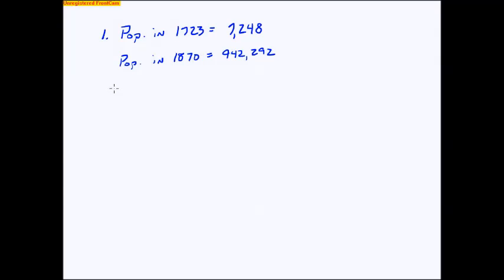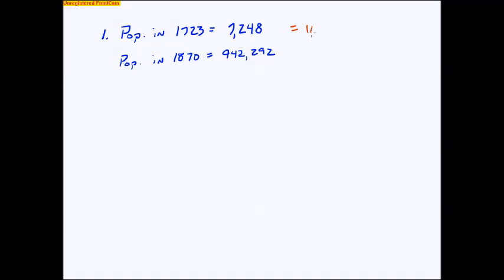All right, so let's take a look at the first one. They give you the population of New York City in 1723 was approximately 7,248 people. If we think about that in powers of 10, we could do what we were doing the other day, and ask, what's the smallest power of 10 that would be bigger than 7,248?